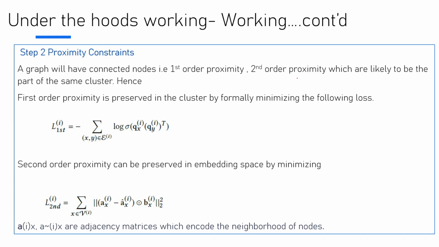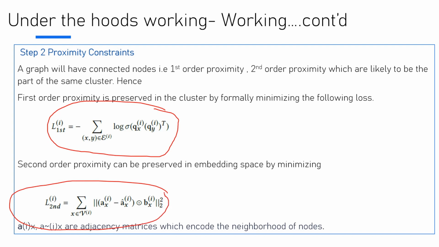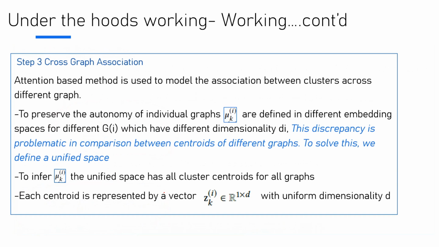So we've derived two more equations, for the first order proximity and similarly for the second order proximity. I'm not going to talk much about it. At the end, there is a link to the paper, and a link to my blog which talks more about these proximity constraints.